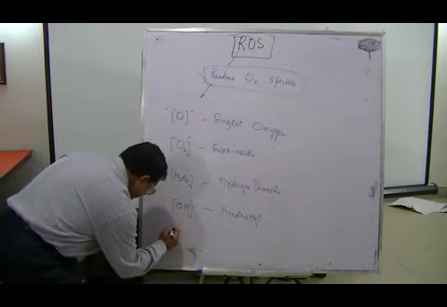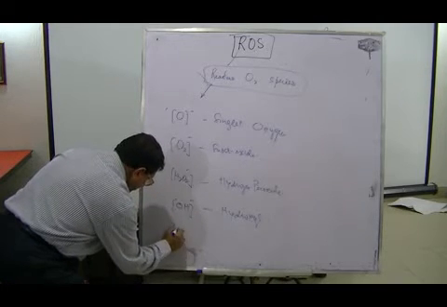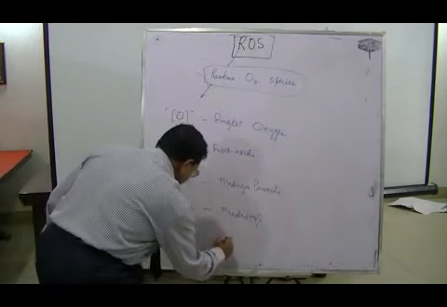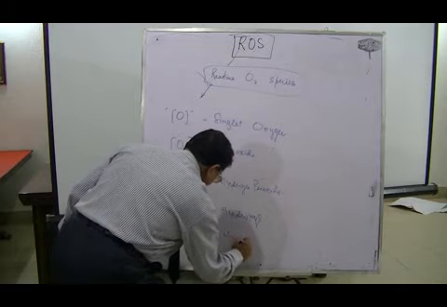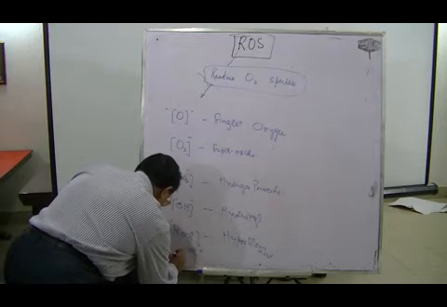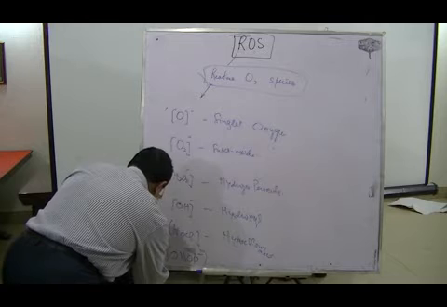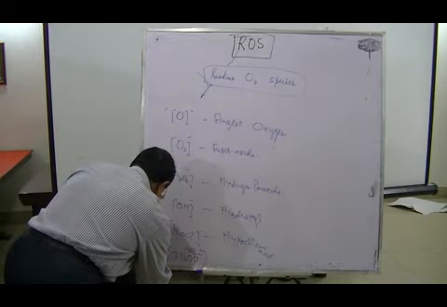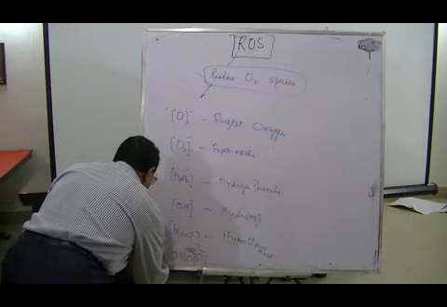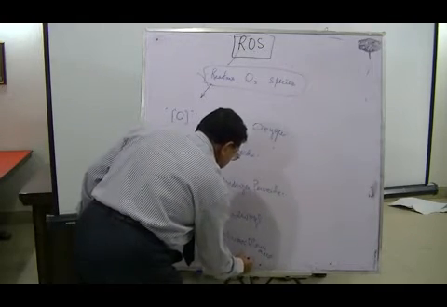Then you've got hypochlorous acid. And last is your reactive nitrogen oxidizing species, or RNOS.